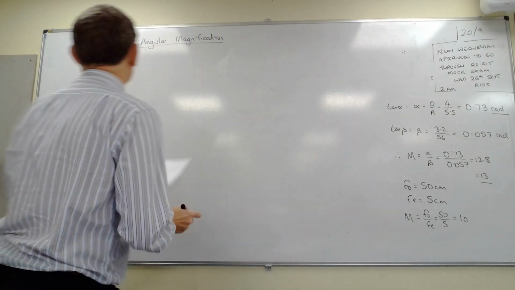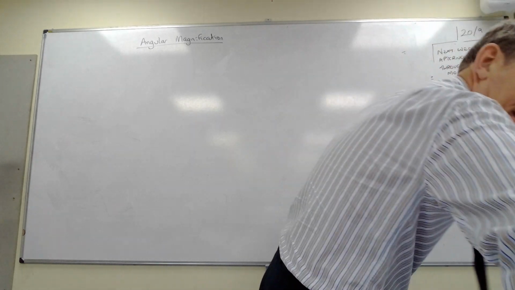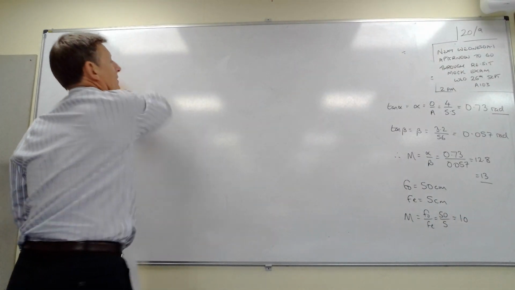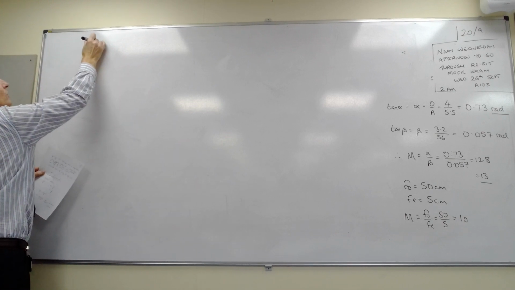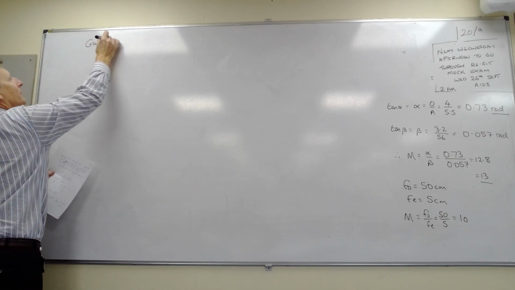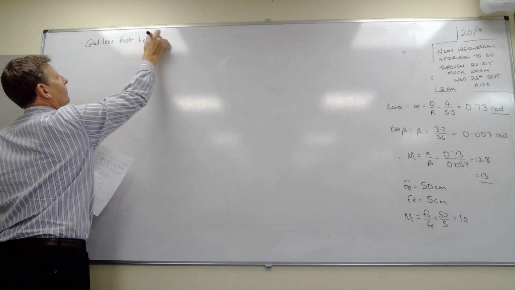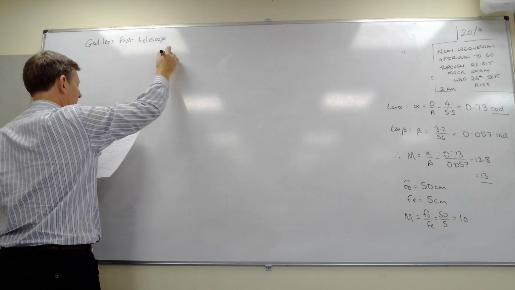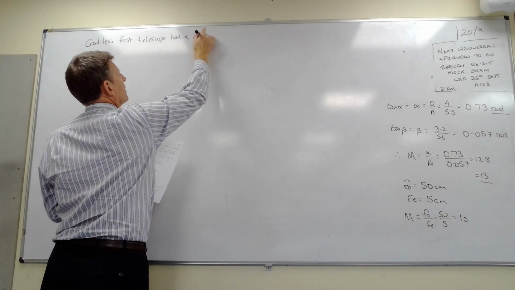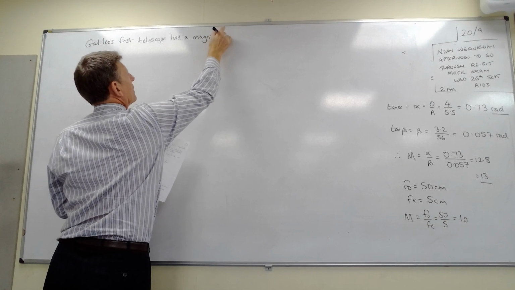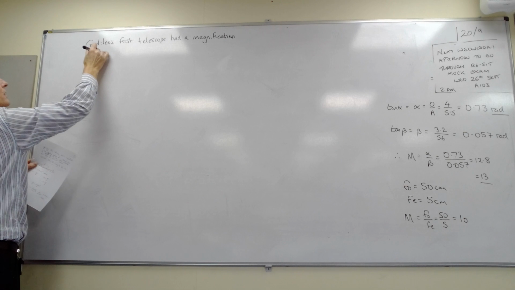Galileo's first telescope had a magnification of 8.